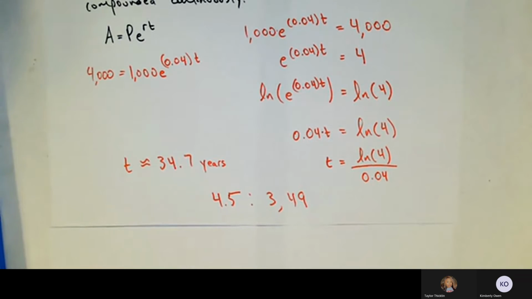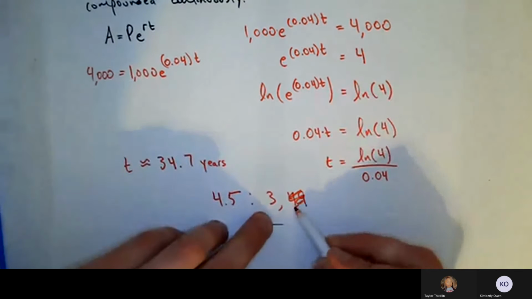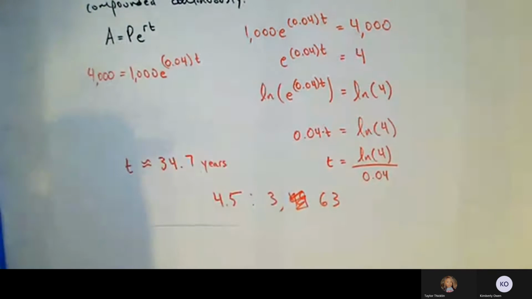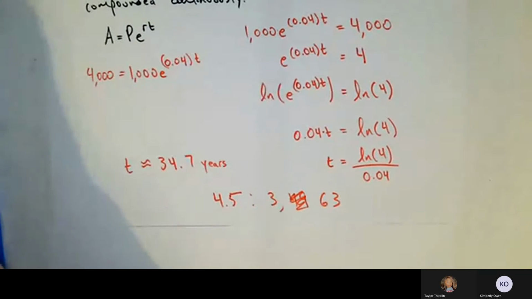Sorry, give me 1 second. No, that's not what I wanted. Dang, I'm going to have to go change the exam. 63 is actually what I want to say. 63. Change that here. And need to make sure I put the right problem on the exam too.